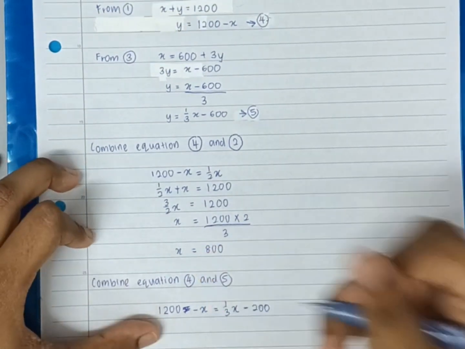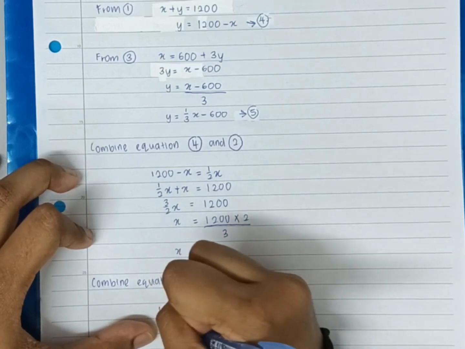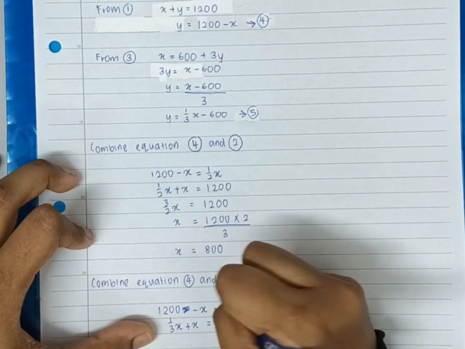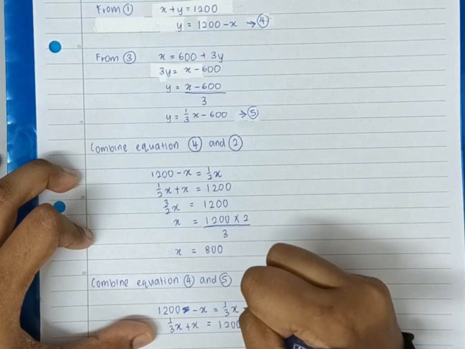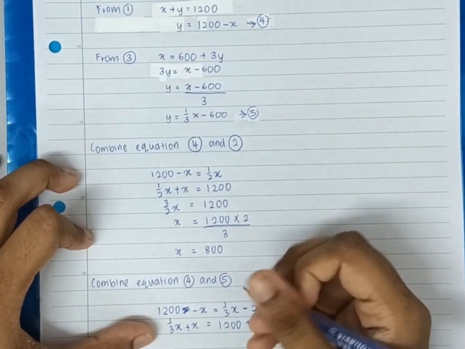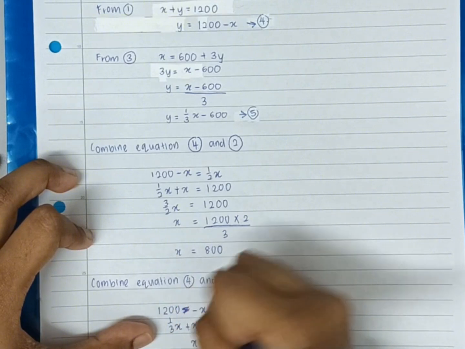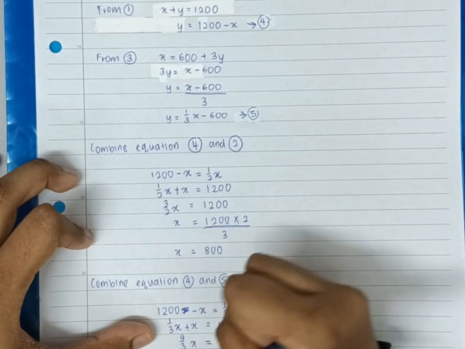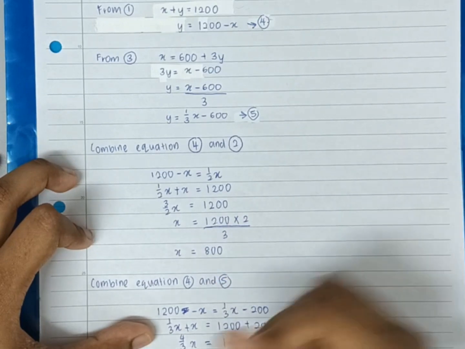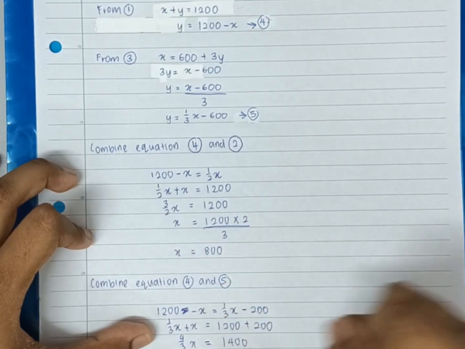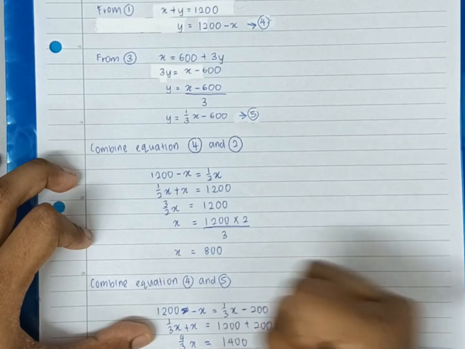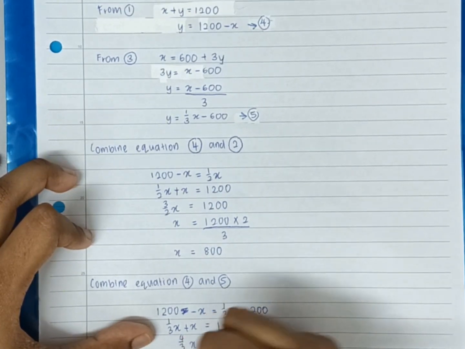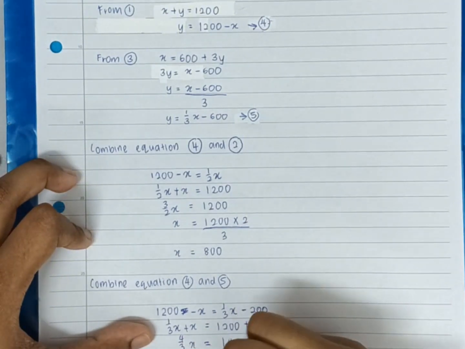So we will be solving it to get x. 1 over 3x plus x equals 1,200 plus 200. And 4 over 3x equals 1,400. X is equal to 1,400 times 3 divided by 4. And x is equal to 1,050.